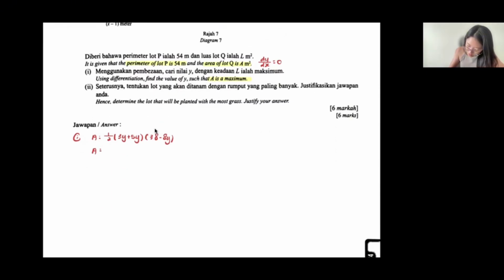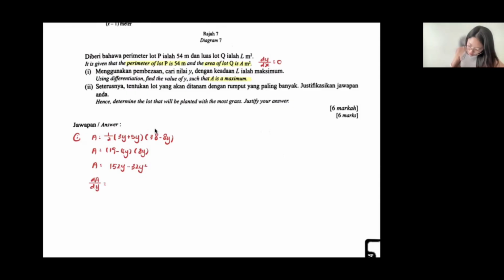A equals 38 divided by 2, which is 19 minus 4y, times 8y. So 19 times 8 is 152y minus 32y squared. When we differentiate this, it will be dA over dy, because we have y at the back.